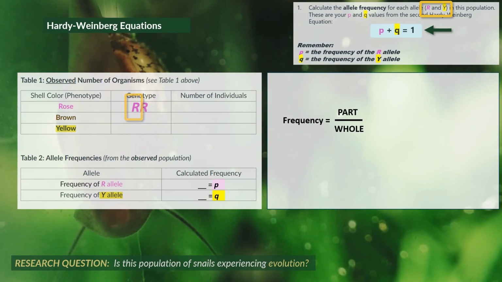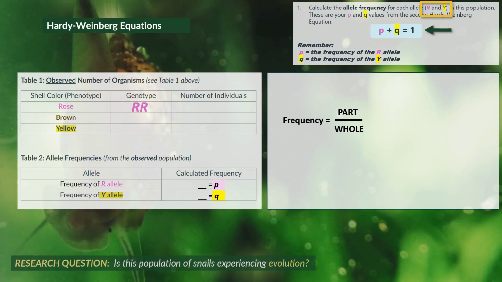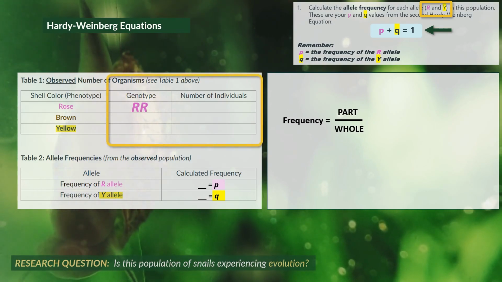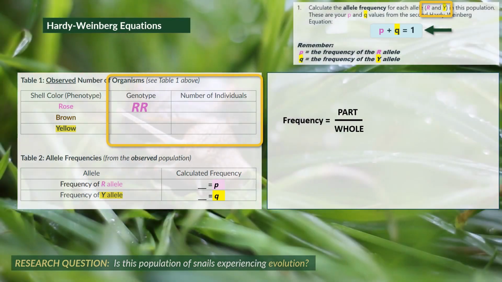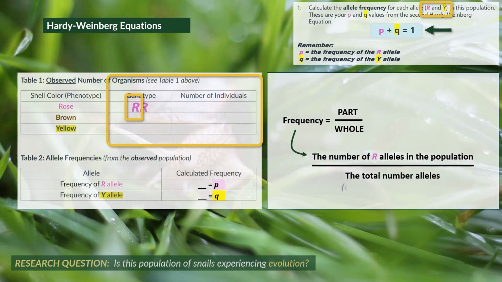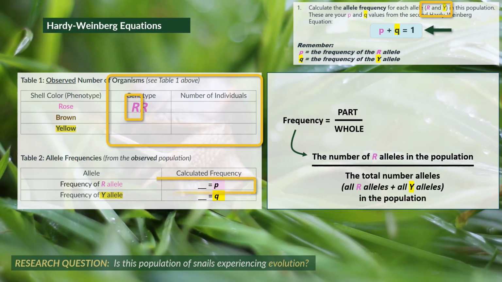That means that if you're looking at your population, you're provided with information on the number of individuals with each genotype. For example, looking at the R allele, you are going to look at the total number of R alleles in your observed population, and then you're going to divide that by the total number of all alleles in your population to get you that frequency of the R allele.